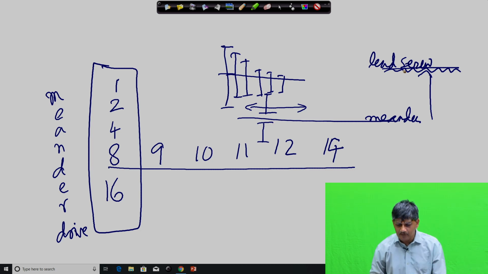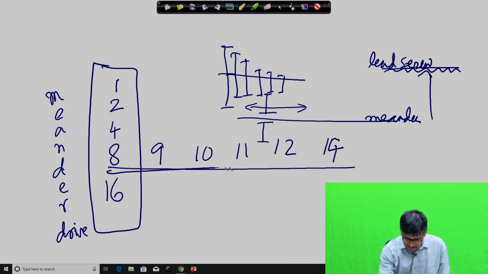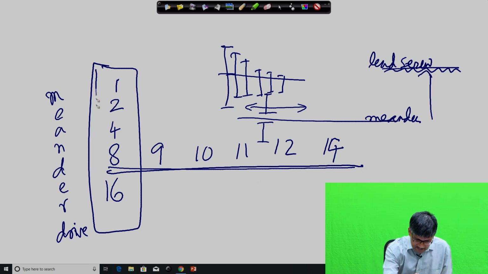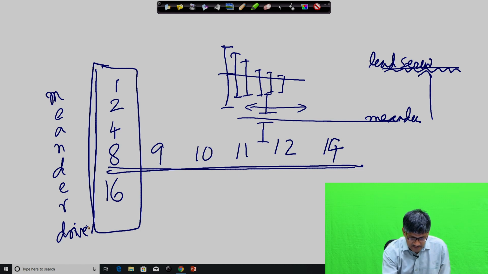If I remember correctly, all these are in my lecture. So, if you are interested to find out which is for what, this is obtained by Norton tumbler and this is obtained by meander, because if you notice, the meander drive gives you output by a factor of 2: 1, 2, 4, 8, 16 and 8, 9, 10, 11, 12, 14.